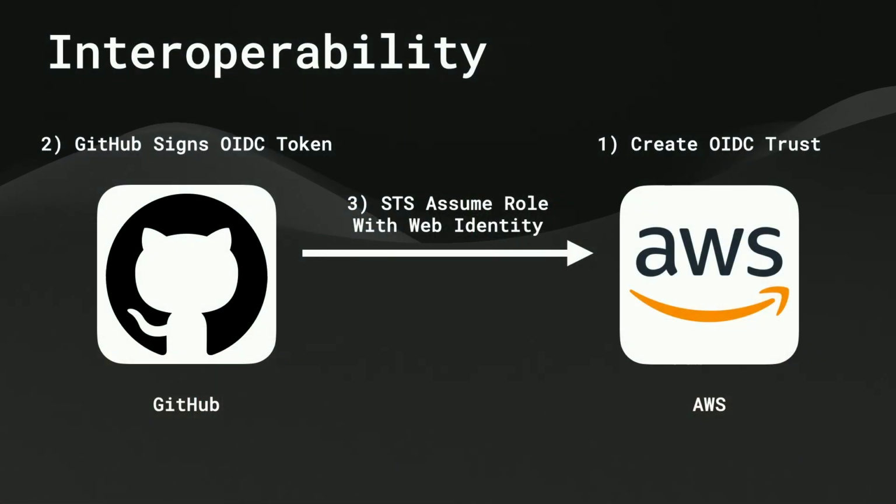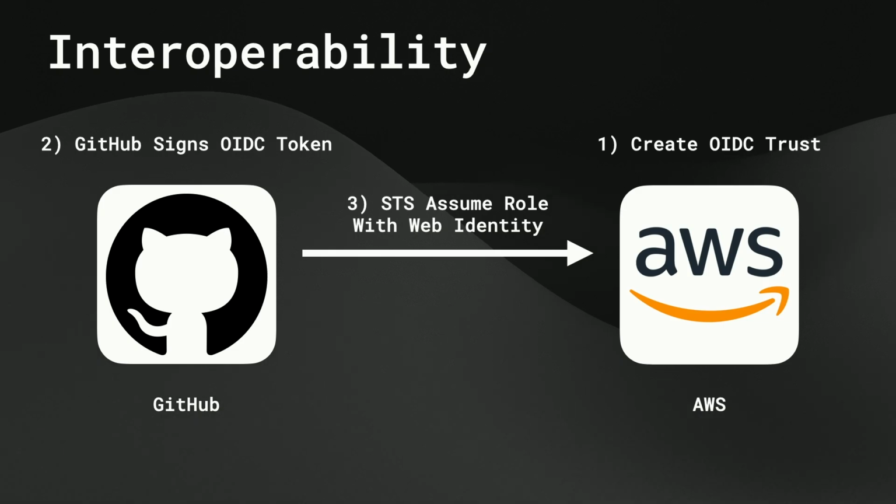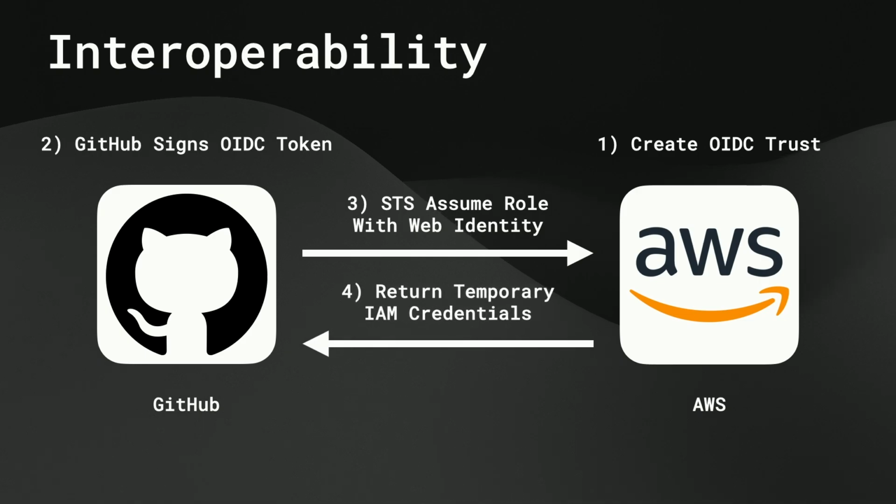This is your action calling out to AWS, passing that token, saying, I want to assume this role and get temporary credentials. AWS will then take that token, unpack it, verify the signature back with GitHub, look at the claims, and verify the claims against the trust policy of the role that you are trying to assume. If all those checks pass, it will generate the access key ID, the access key secret, and the session token, and send all that back down, and now you're able to use AWS command line tools and AWS SDKs inside your running GitHub Actions.